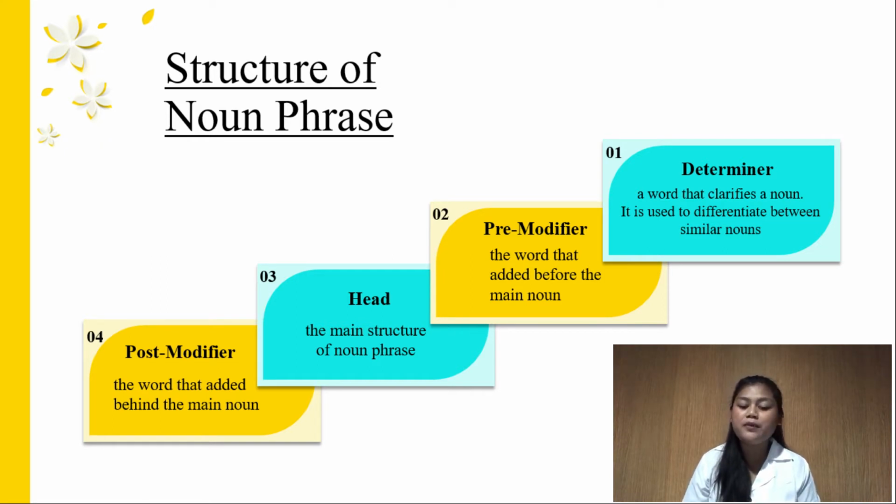Pre-modifier is the word added before the main noun. Head is the main structure of the noun phrase. And the last, post-modifier, is the word that is added behind the main noun.